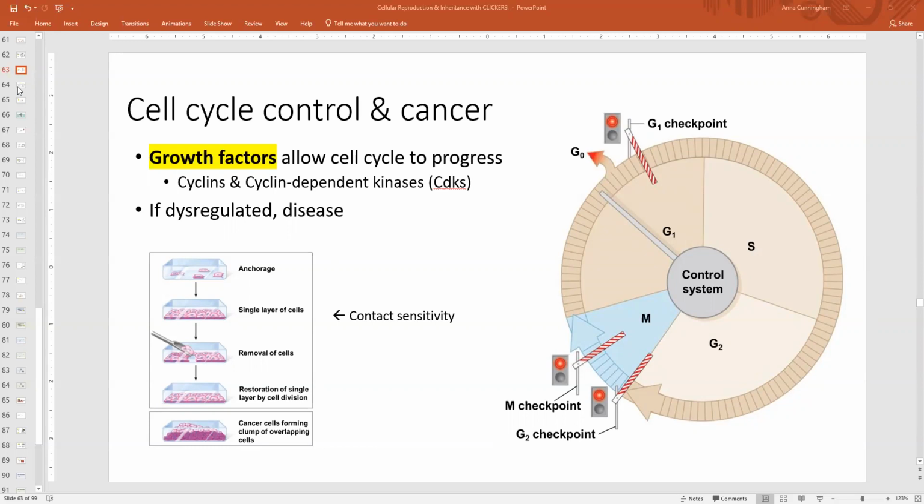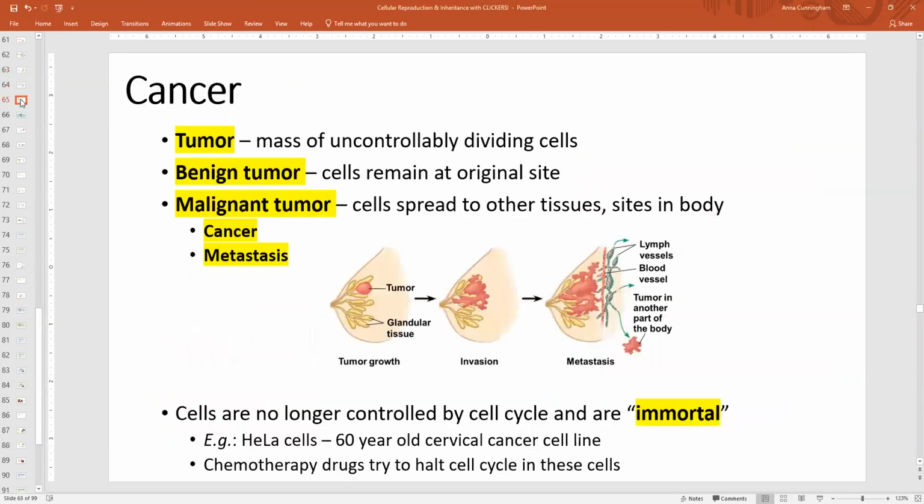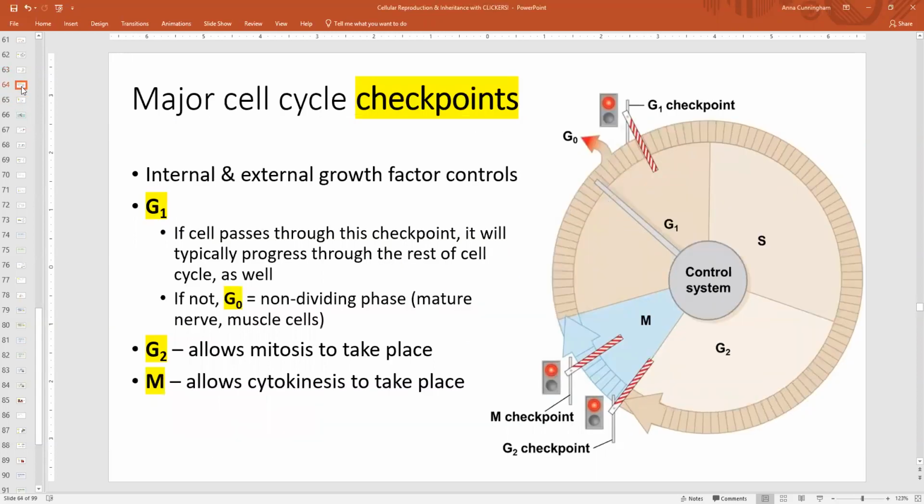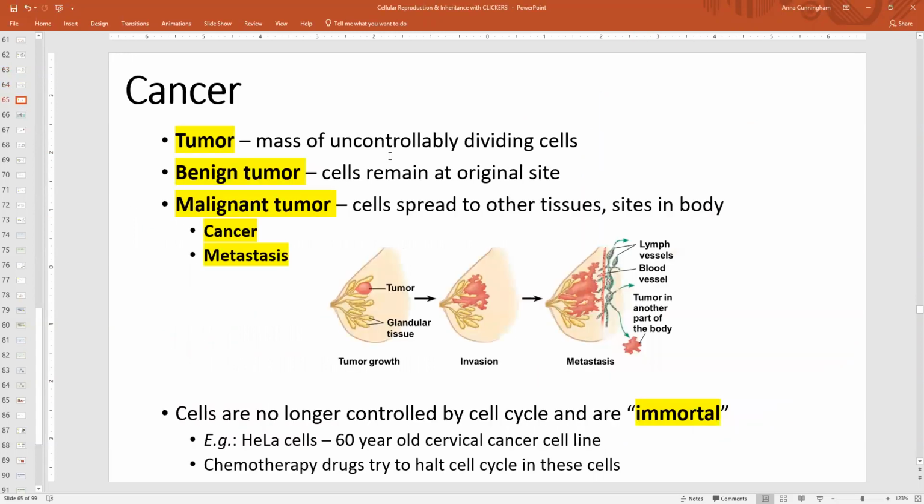Okay, so if we do have a defect or something like a cell is getting through a checkpoint when it shouldn't be, and we're getting cell division when we shouldn't be, that is cancer. So we have some terms for cancer, and these are really important.